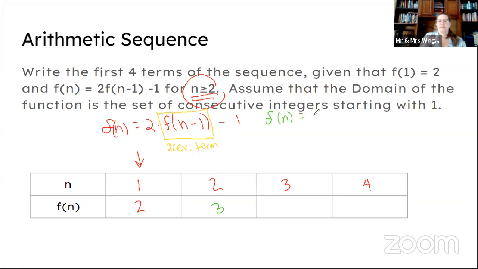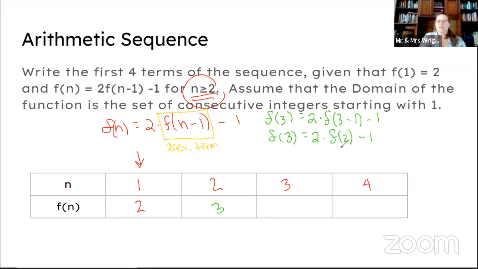F of n is 2 times f of, oops, we're not doing f of n. In this case, we're going to be doing f of 3. All right, 2 times f of 3 minus 1 minus 1. So f of 3 is 2 times f of 2 minus 1.